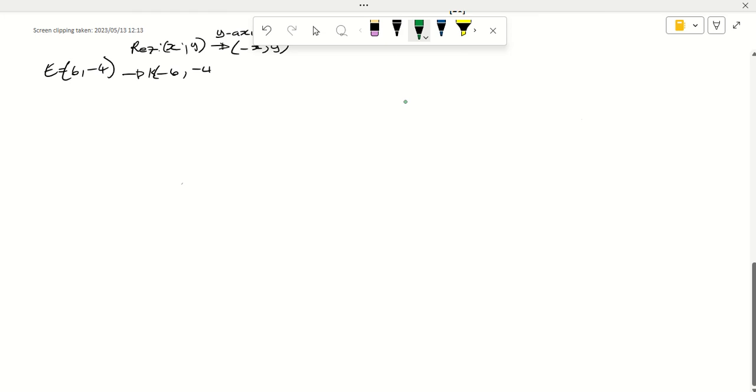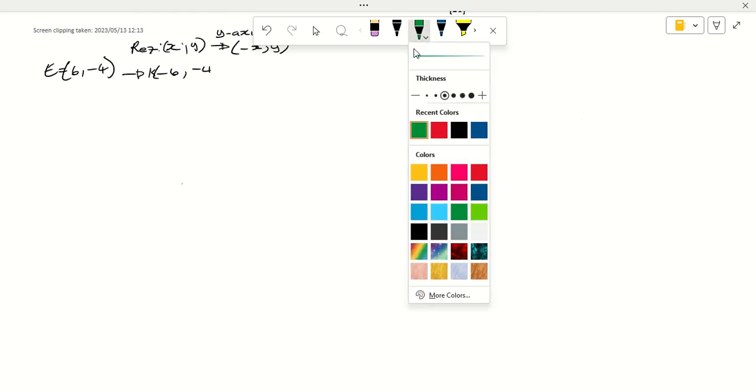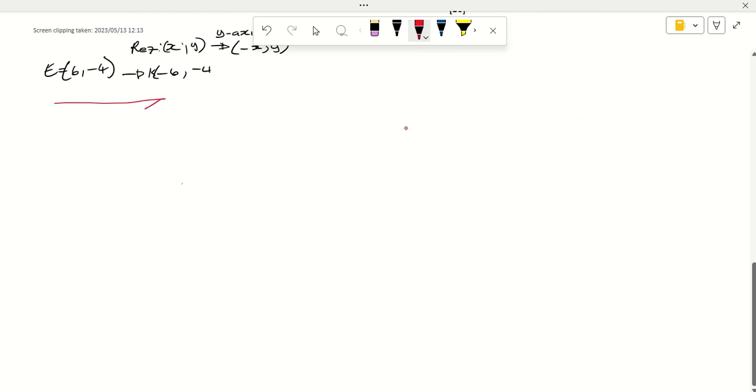So I'm going to redraw KEC here. So we have something like this. This is K, this is E, and then this is C. So KC was 6 units, KE was 12 units, and then we need to find CE.